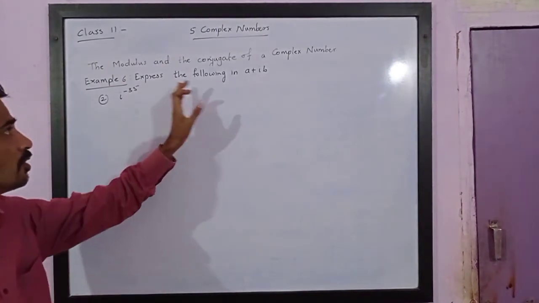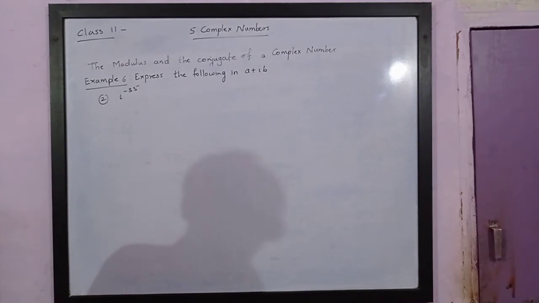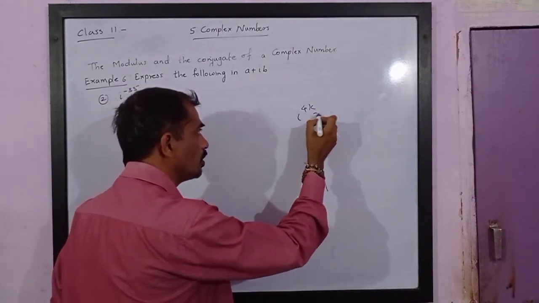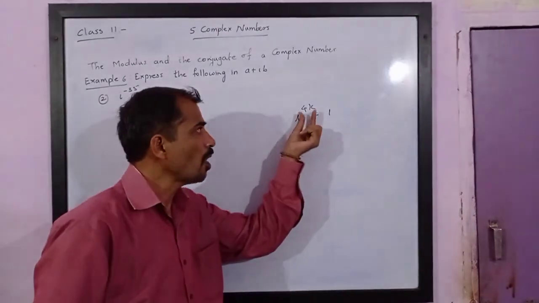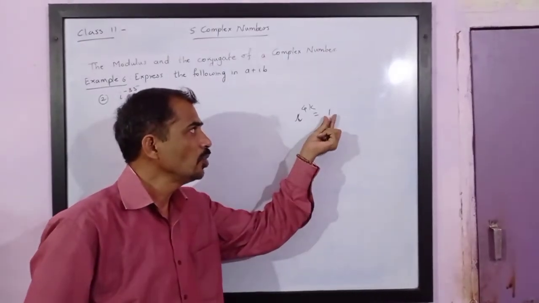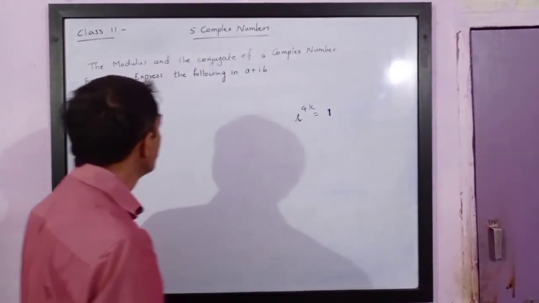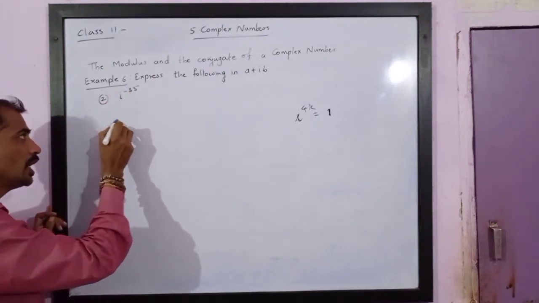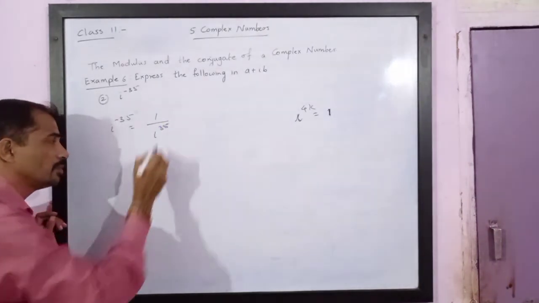Next question is, express the following in a plus ib form: i raised to negative 35. Please note, we have already studied that i raised to 4k is equal to 1. That is, if the power is a multiple of 4, then we get the answer 1. Now here we are given i raised to negative 35, which is equal to 1 upon i raised to 35.